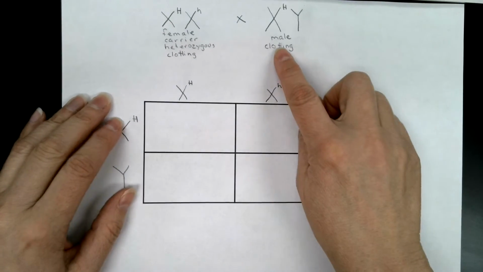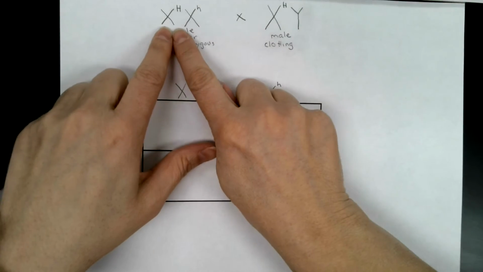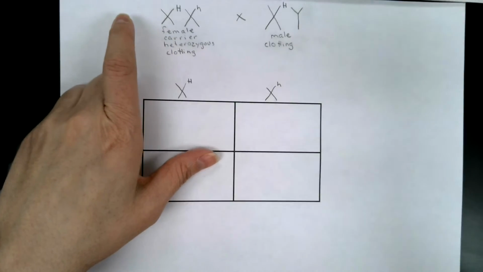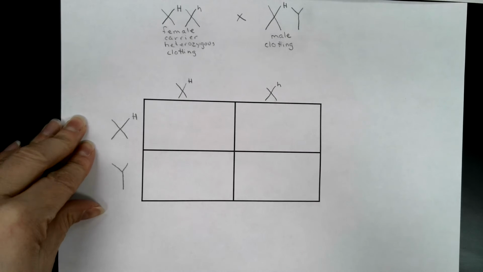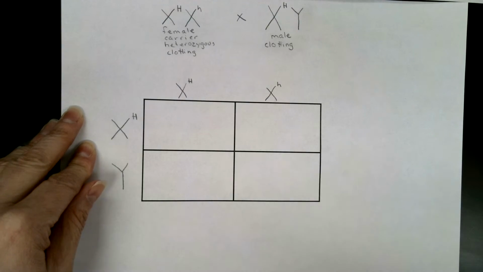For sex-linked traits like color blindness, hemophilia, and male pattern baldness, these are all found on the X chromosome and not the Y. So the moms of males determine what trait, what allele, they'll have.